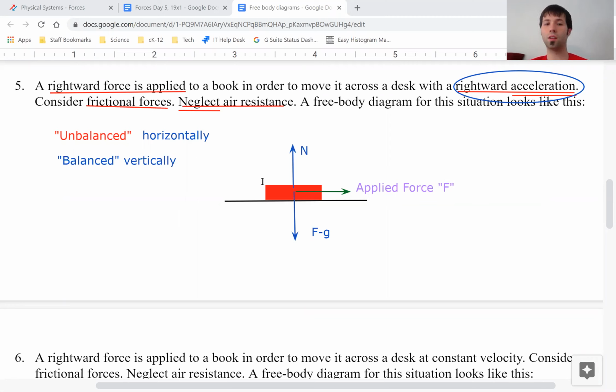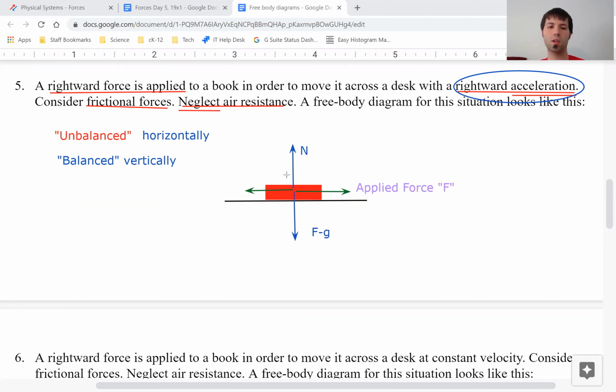Now, it says to consider frictional forces. So if you look back at your bank of choices for your forces, a frictional force always opposes motion. So I could draw an arrow like this to represent friction. Remember, friction is the force that is opposing the forward motion. That's the desk opposing the forward motion. But I want to make sure that whoever's looking at this diagram, even if they don't have this explanation, can understand that friction is not balancing this force.